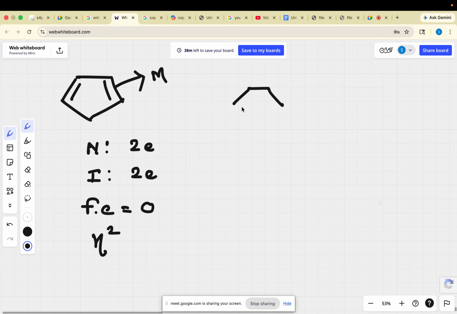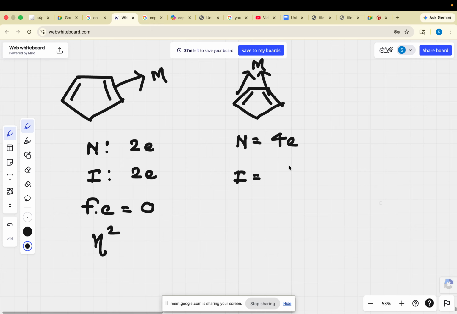Okay, now suppose I have this. Now this double bond is also donating electrons, and this double bond is also donating electrons. So now tell me, in neutral method how many electrons you have, ionic method how many electrons you have? 4.